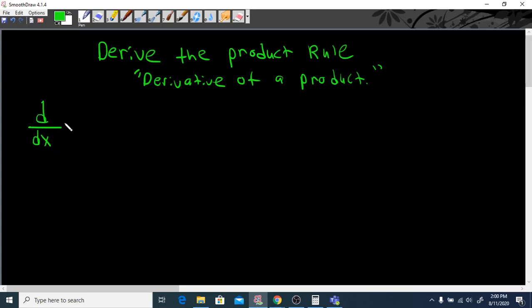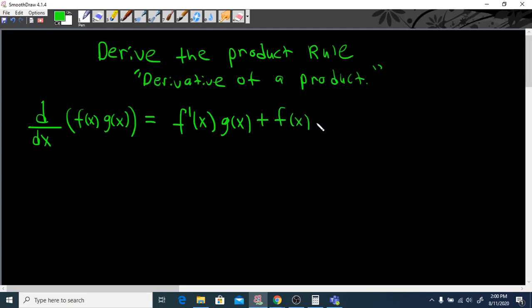The derivative of two functions being multiplied together, f times g, is the following. It's the derivative of the first piece times the second piece with no derivative, plus the first piece with no derivative, and then the derivative of the second piece.